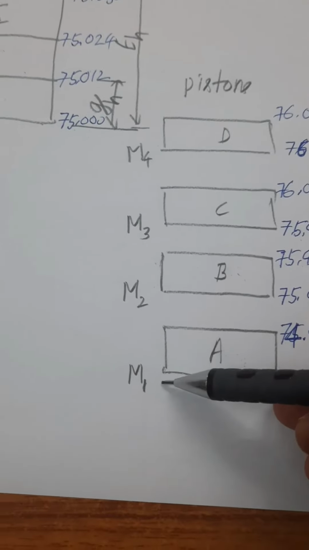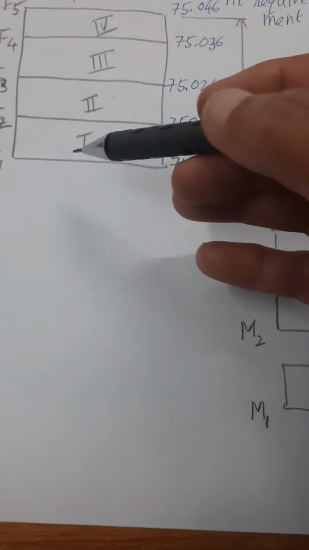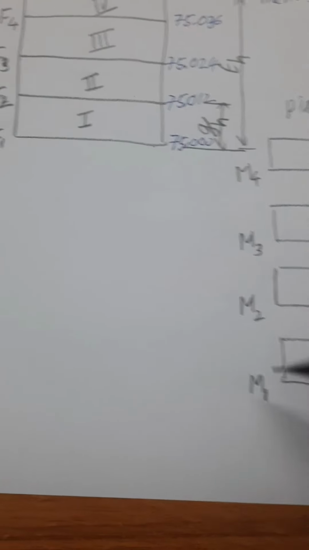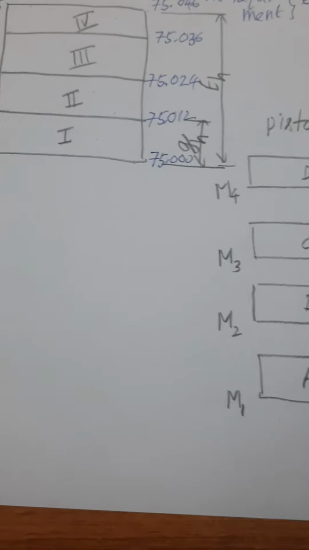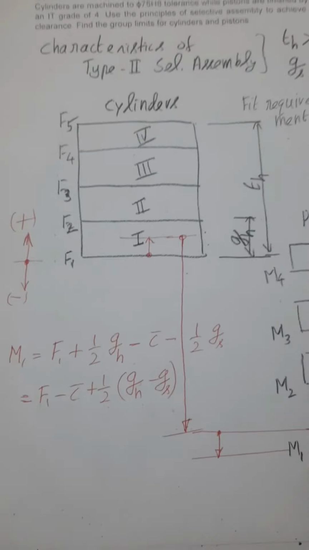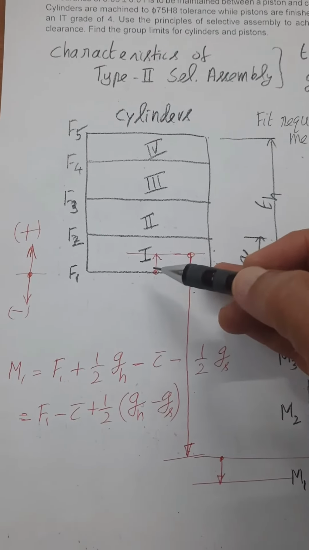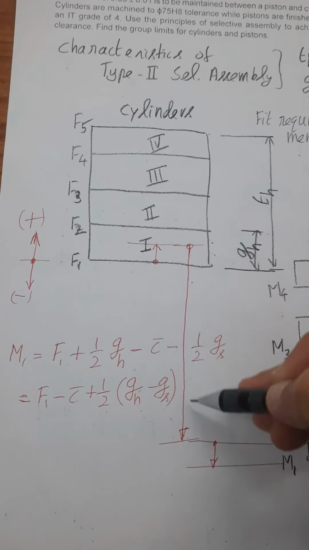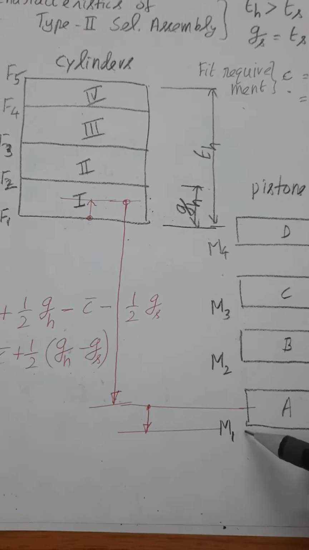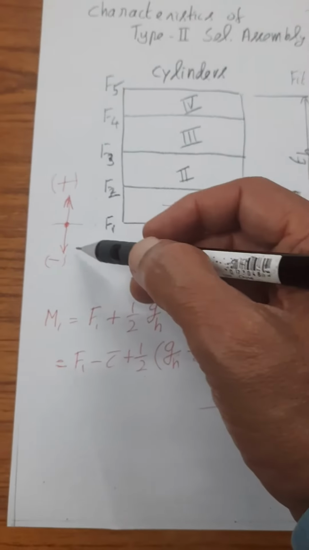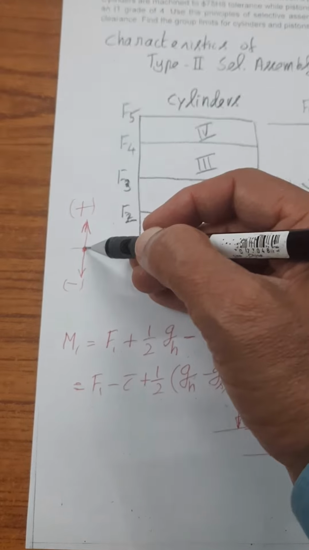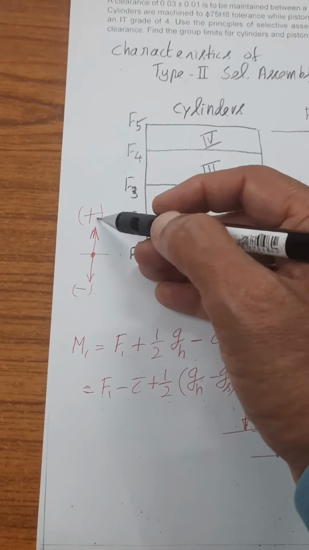To find out the M1 value, I want to draw a dimensional chain to get the value of M1 with the help of F1. Now starting from F1, I want to make a dimensional chain to get M1 value. From F1, if the tolerance chain or the dimensional chain moves upward, I take a positive convention.